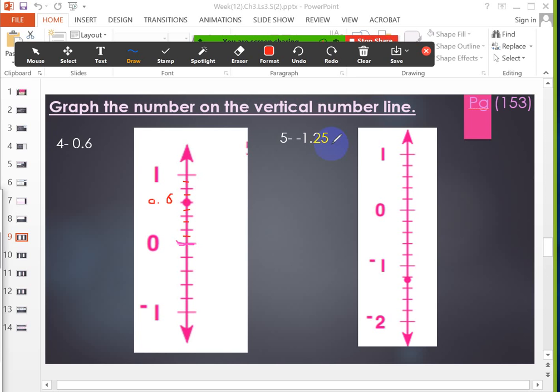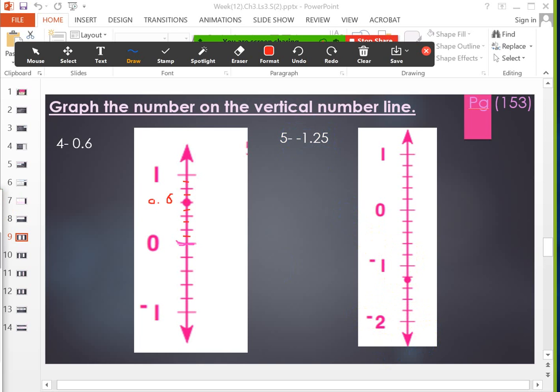Between negative 1 and negative 2. Very good. Negative 1 and negative 2. Now I want to locate this number. I think you can't help me with this, so I will do it. Thank you, Jenna.